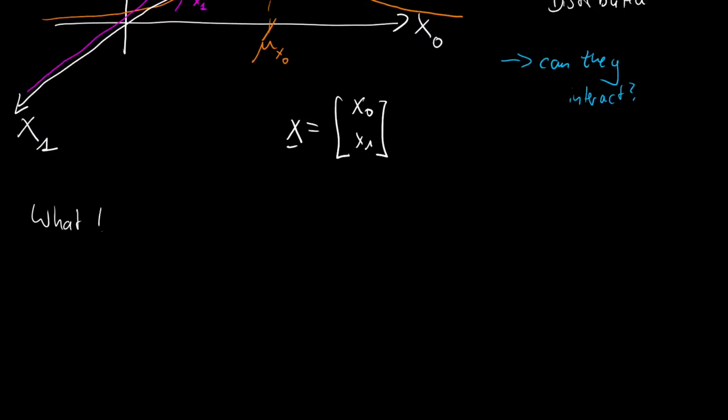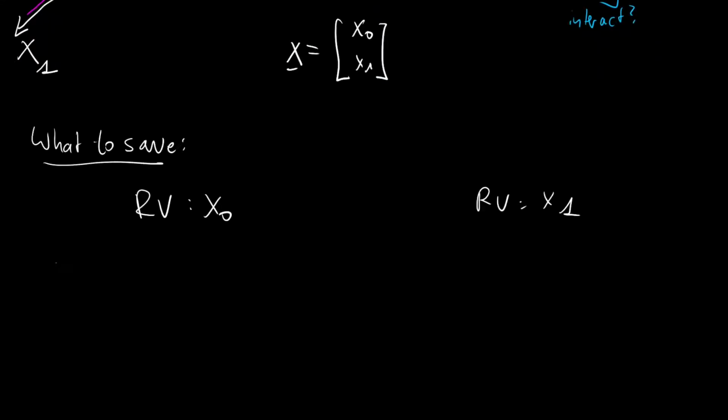So let's call this what to save. We have the random variable x0 and we have the random variable x1. And the parameters of x0 are the mean, which is mu x0, and the variance, or you can also call it the standard deviation, which would be sigma squared x0.